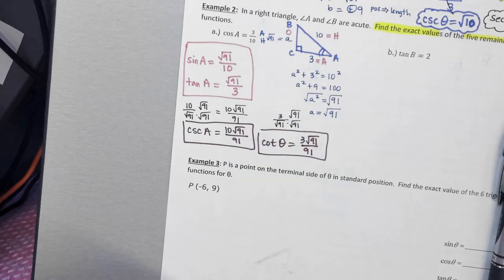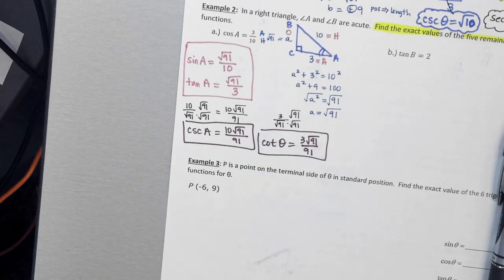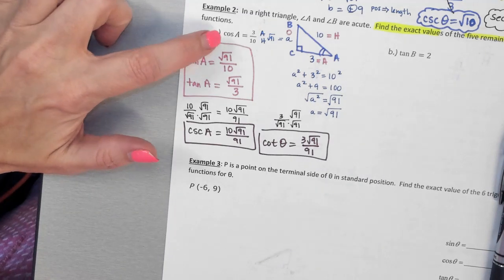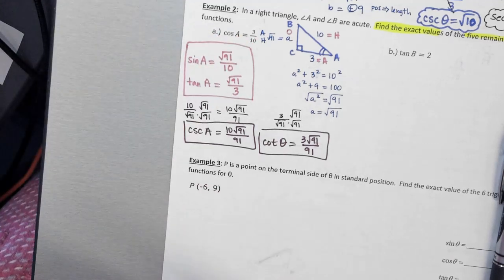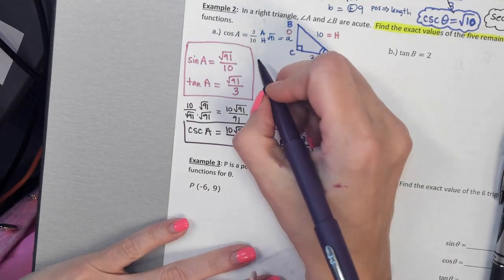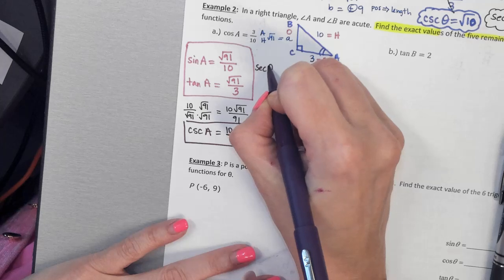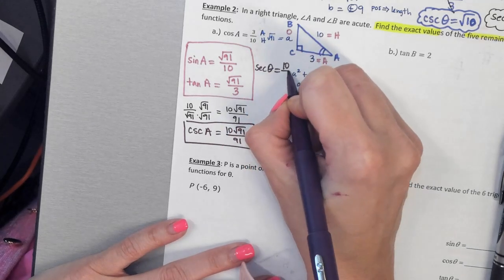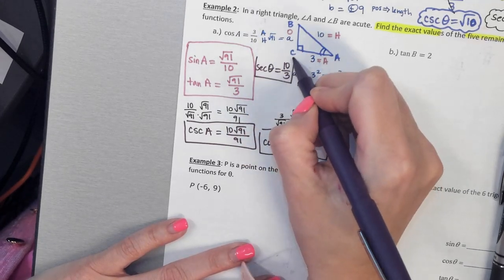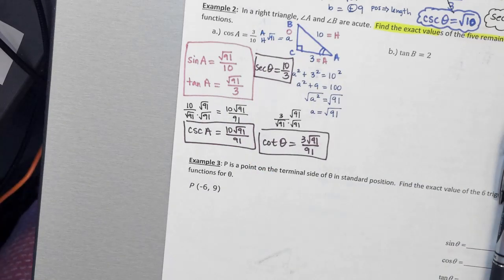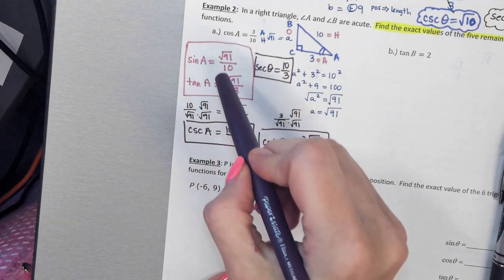Remember, 3 does not go into 91. Then we have to find the fifth one. They gave you cosine. You just have to flip that to find your secant. So your secant of A is 10 thirds. It's the reciprocal of cosine. So that's 1, 2, 3, 4, 5.